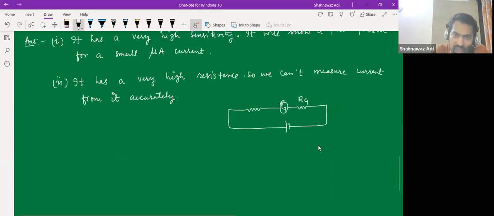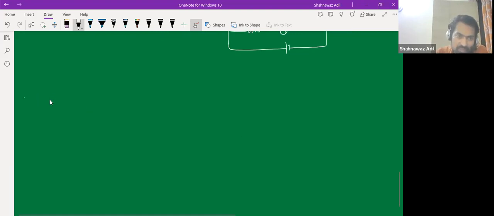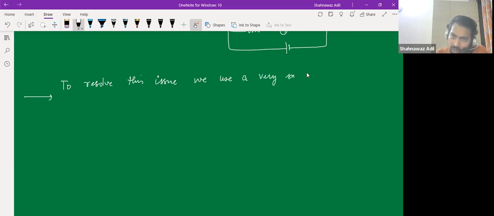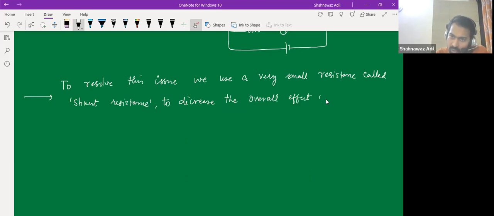So now how do we do that? To resolve this issue, we use a very small resistance called shunt resistance, to decrease the overall effect of the galvanometer.